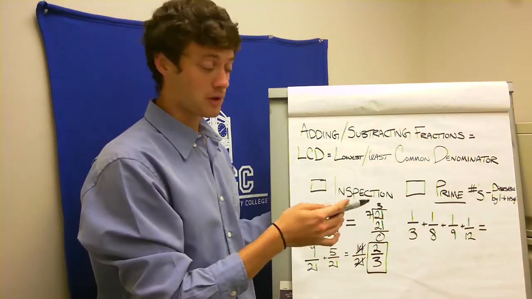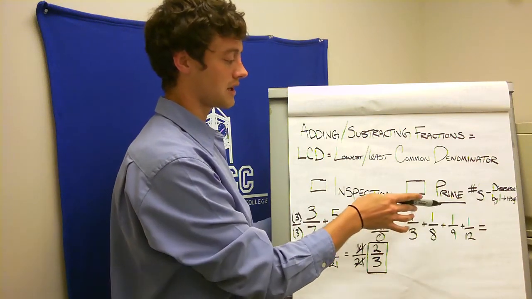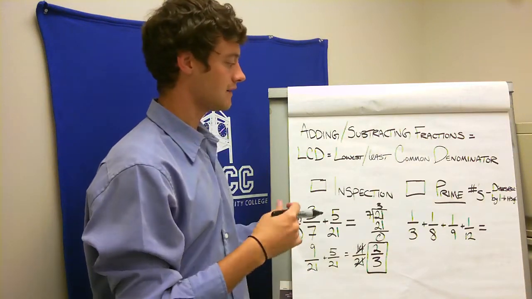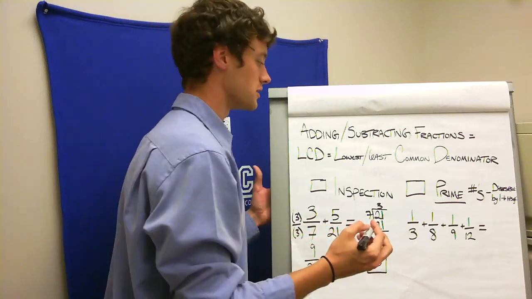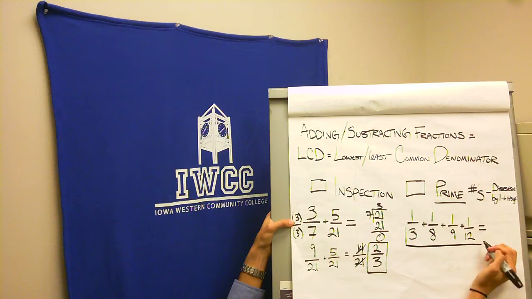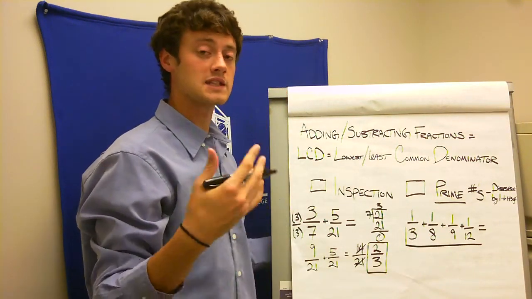So here we have an equation, 1/3 plus 1/8 plus 1/9 plus 1/12 equals what? Okay. Well, let's figure it out by using how the book describes to use prime numbers. And first off I should establish what a prime number is.